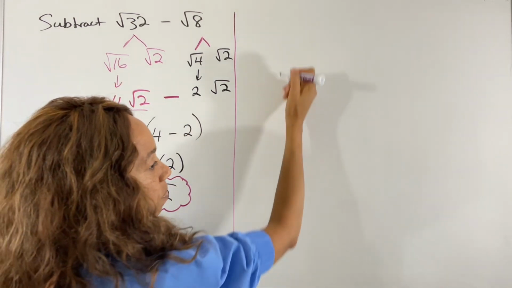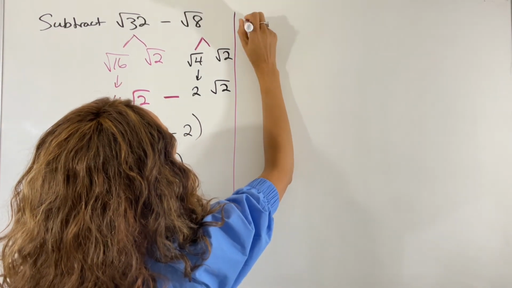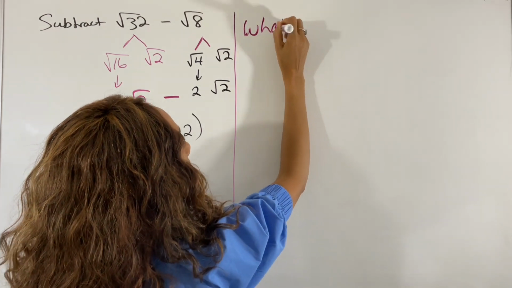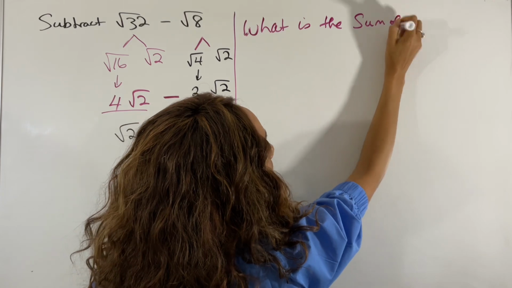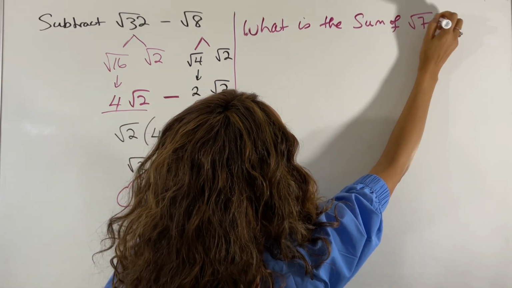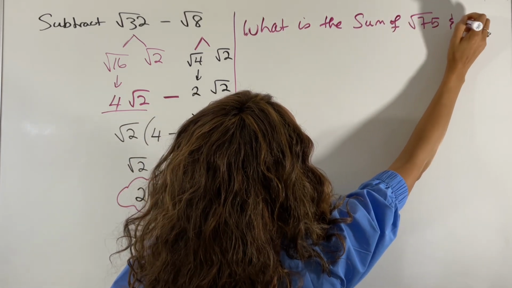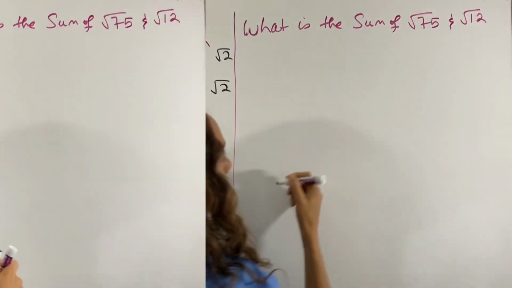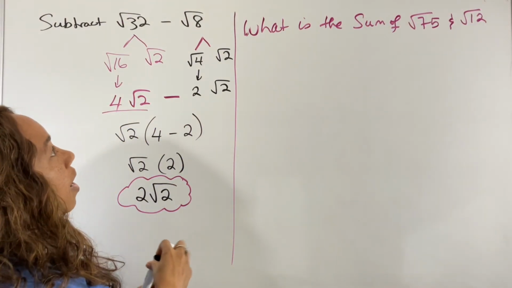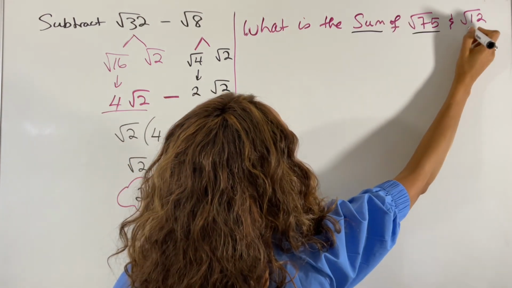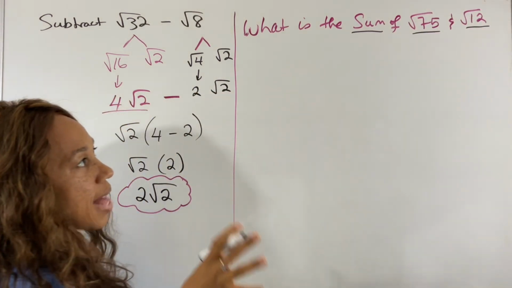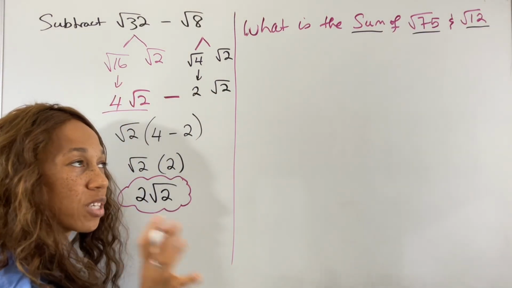So this example is saying, what is the sum of radical 75 and radical 12? You will notice that they're asking for a sum here, and they're asking for two radicals that are non-perfect squares.